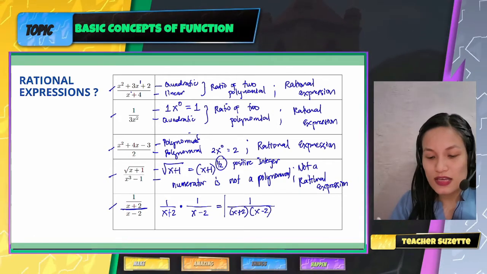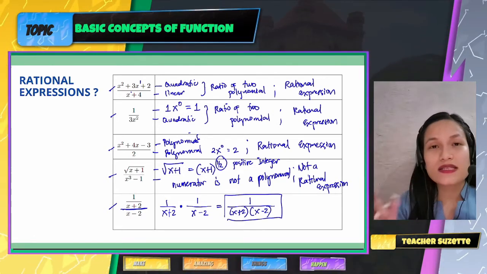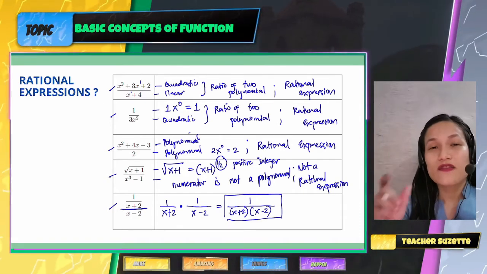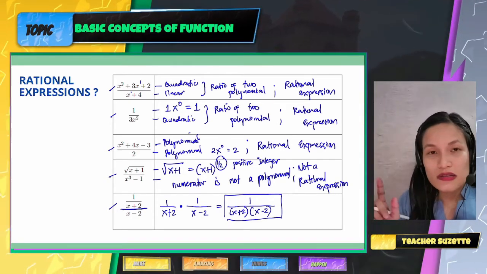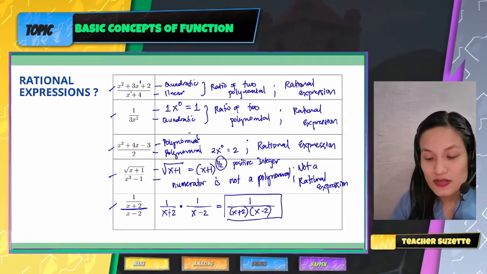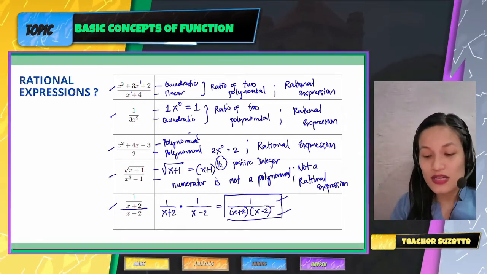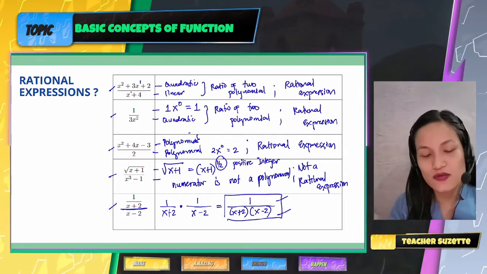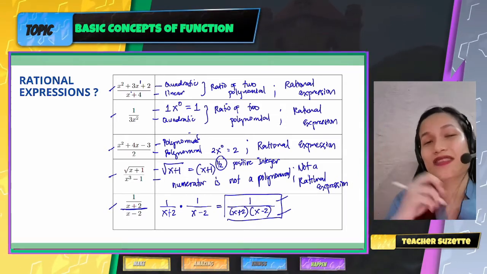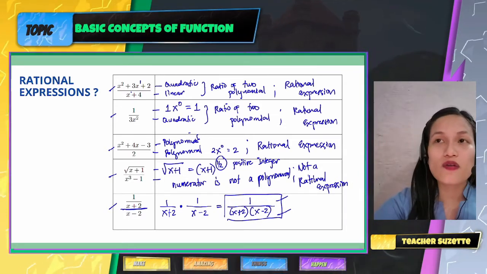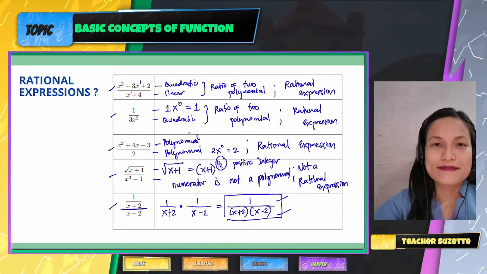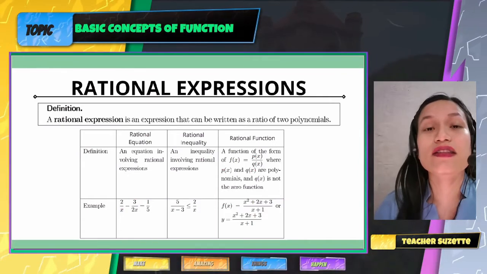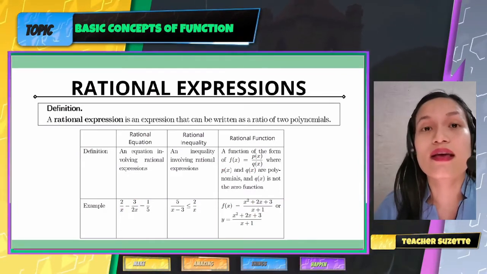So, obviously, yung ating complex fraction ay nagiging 1 over x plus 2 times x minus 2, which is yung numerator polynomial, yung denominator polynomial. So, therefore, our last example is still an example of a rational expression. So, now you're familiar on identifying what is a rational expression.